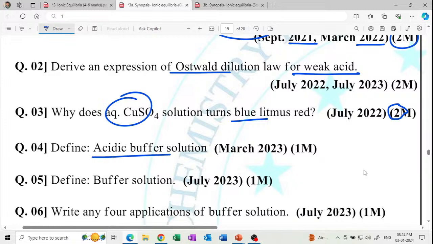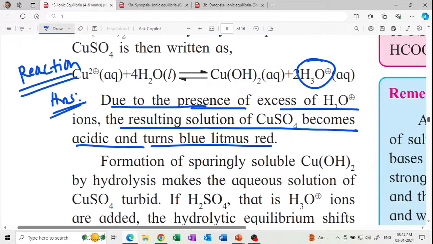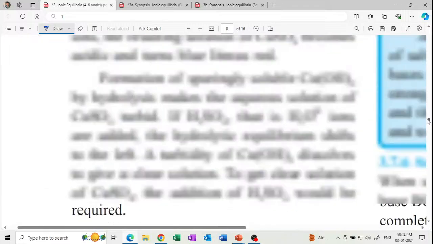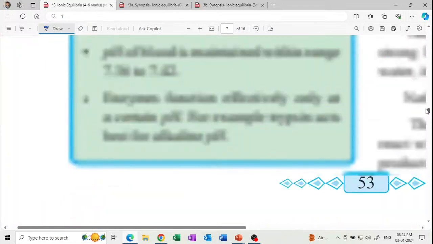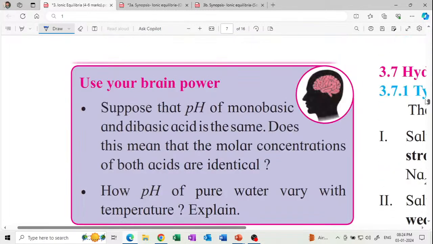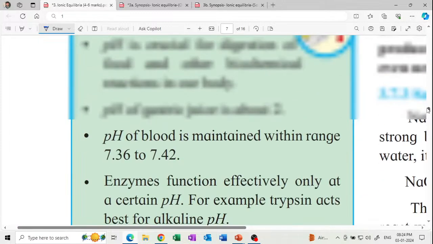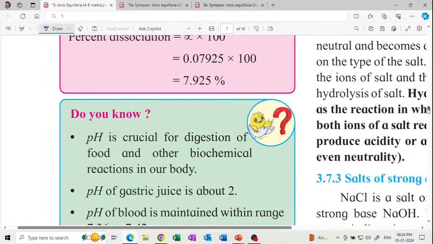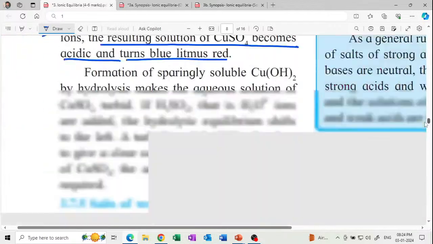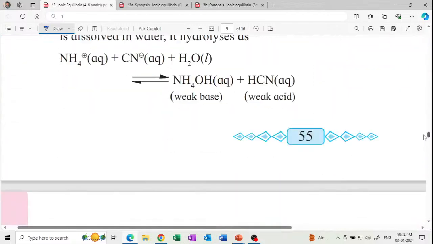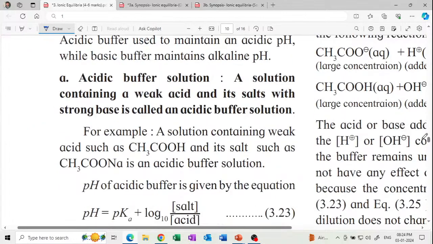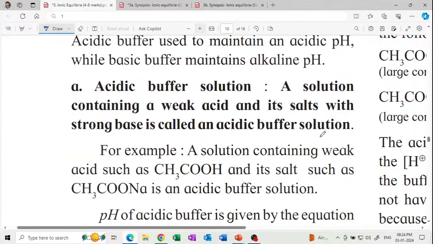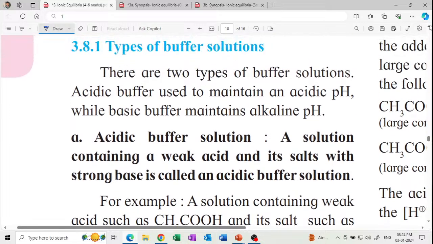Define acidic buffer solution. What is an acidic buffer solution? Okay, this is the acidic buffer solution.